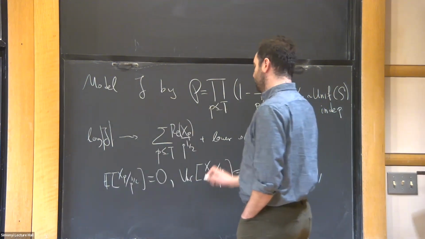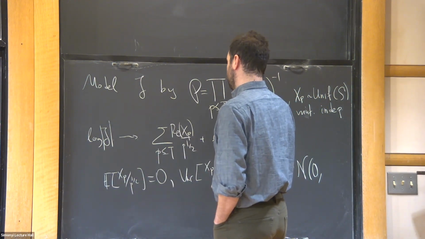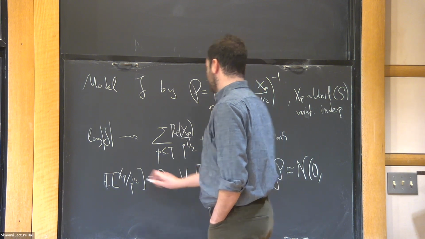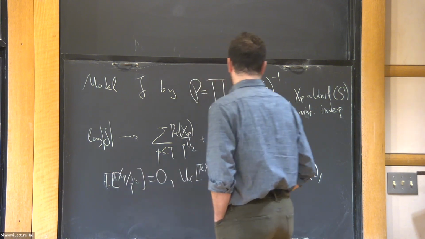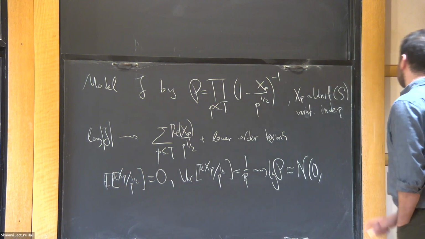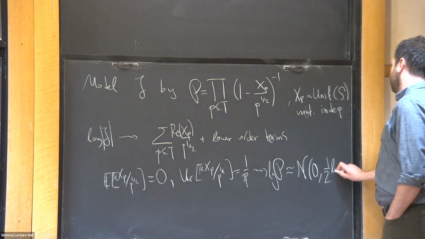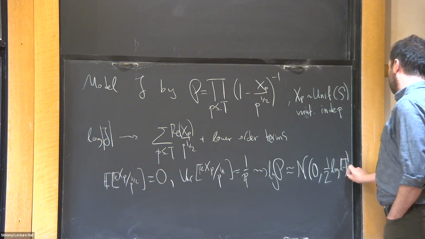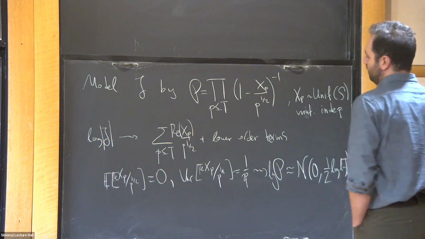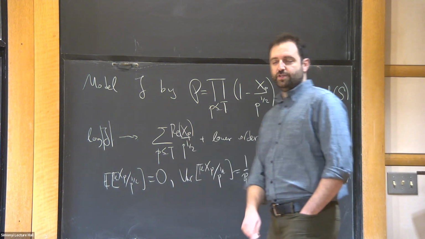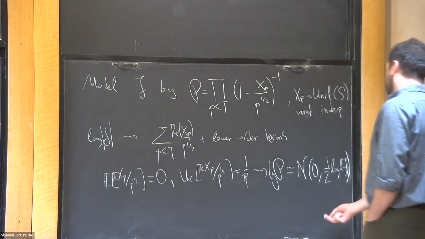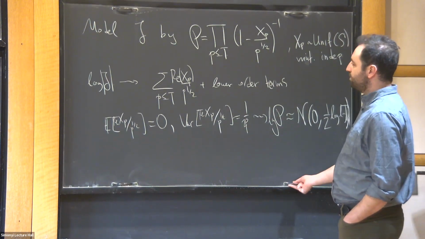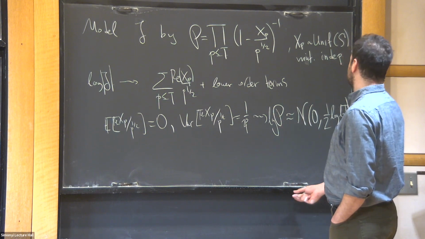If I do this with real parts, then I get variance 1/2p. If you do it with X_p, then you get the complex variance.